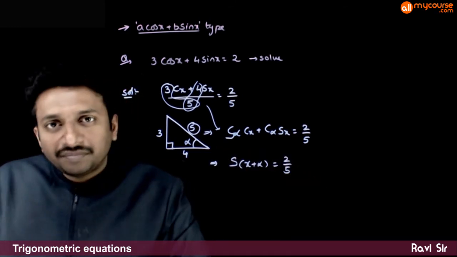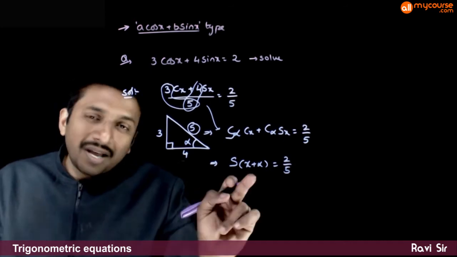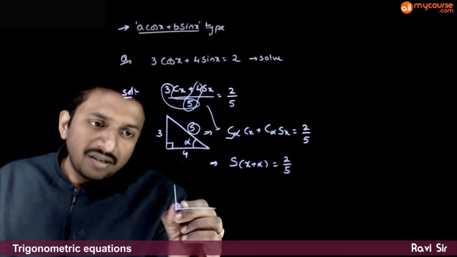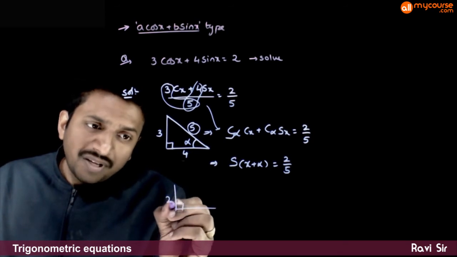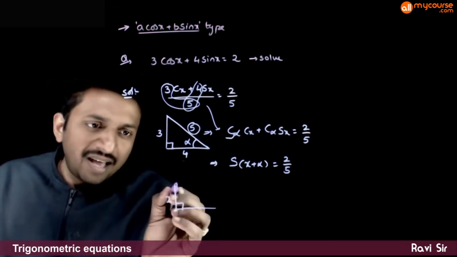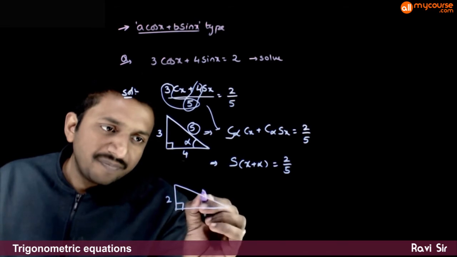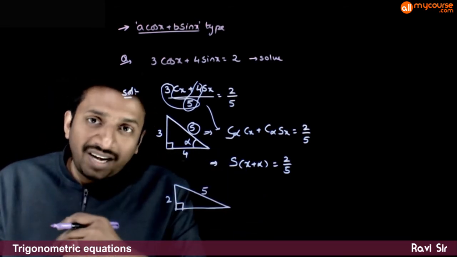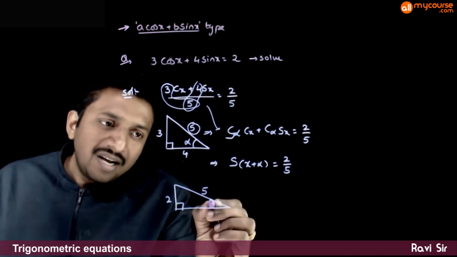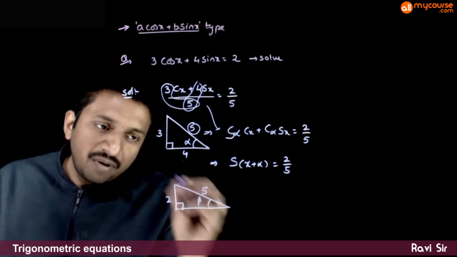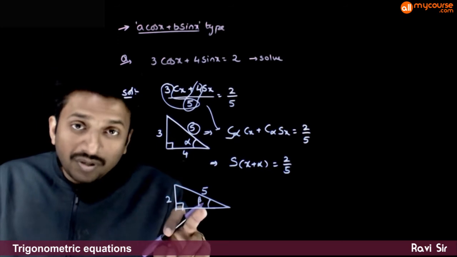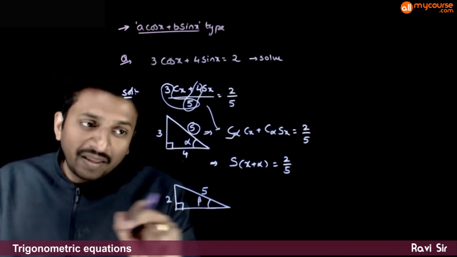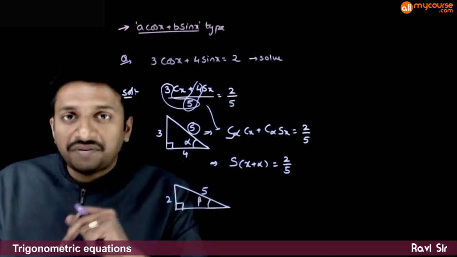Now I'll draw another right angle triangle, where one of the sides is 2 and the hypotenuse is equal to 5 this time. I can always draw a right angle triangle with these properties. Let the angle formed here be equal to beta. We don't know this angle right now, but we can refer to the tables and get it.